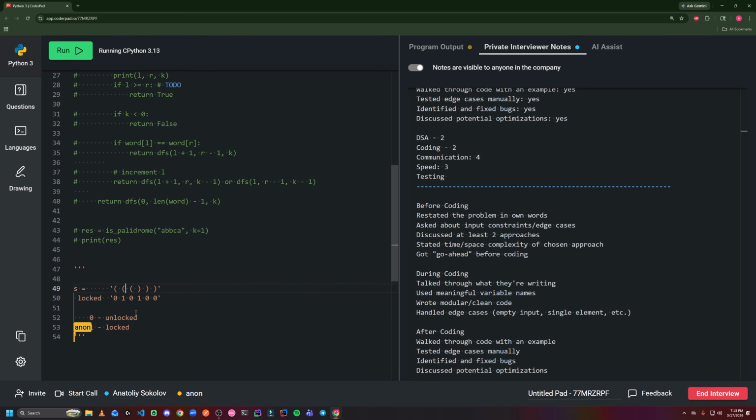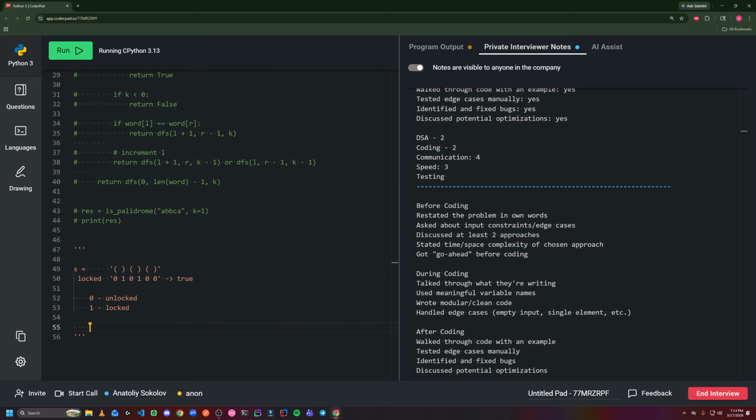Let's say I had this. This would still be doable, so this would be true. Because this first one, for example, is unlocked, I could change it to this. And then these last two are also unlocked, so I could do something like that. And that would give me the right result.